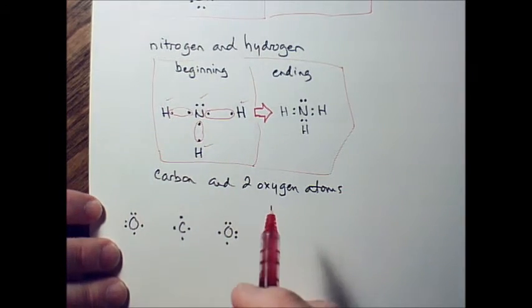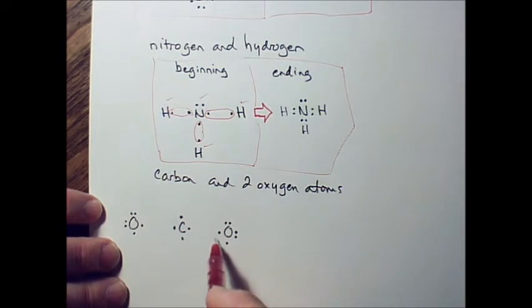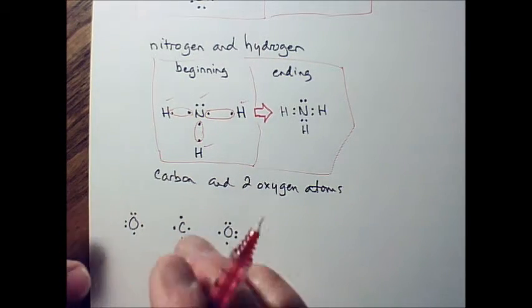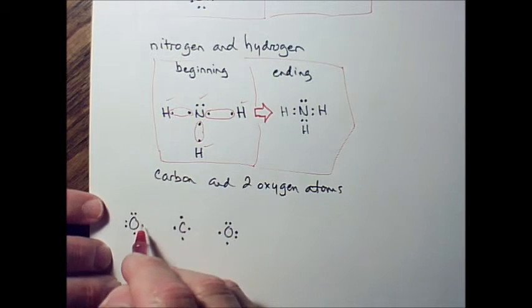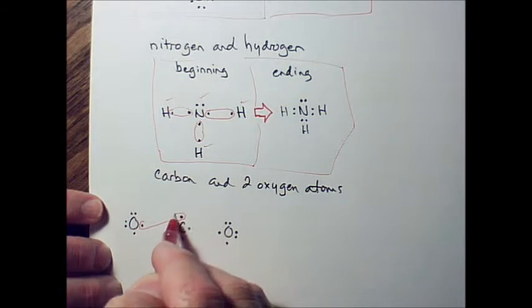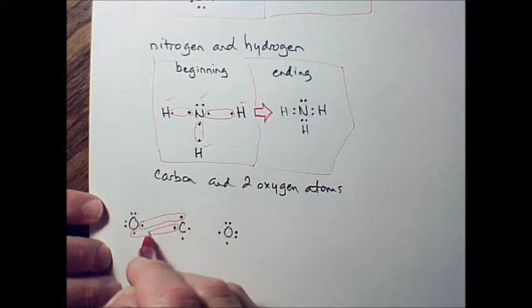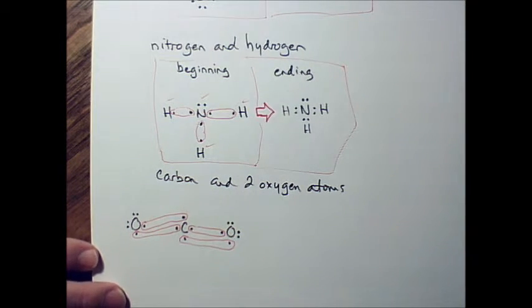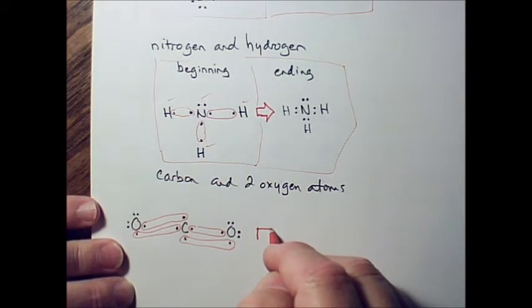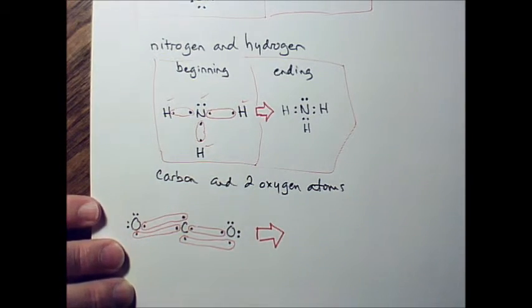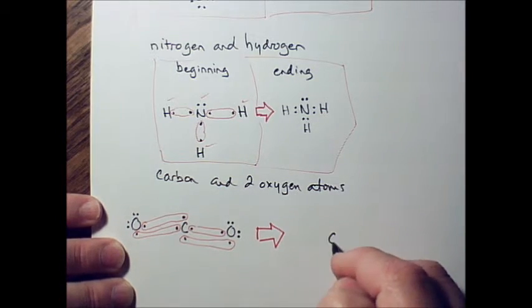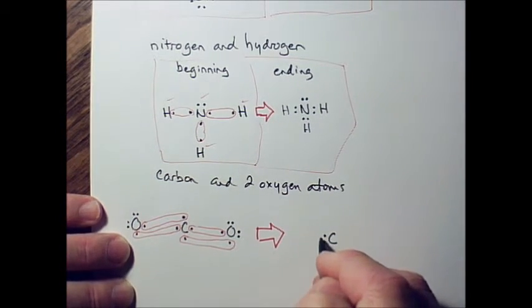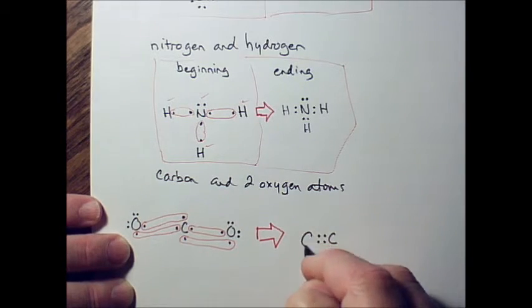Alright, to get the 2 oxygens and the carbon to have 8 electrons through sharing, we'll have to double bond between the oxygen and carbon, between the oxygen and both carbons actually. So the double bond is shown as 4 electrons in a kind of box arrangement.